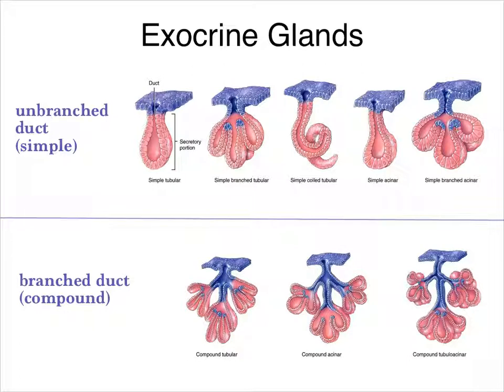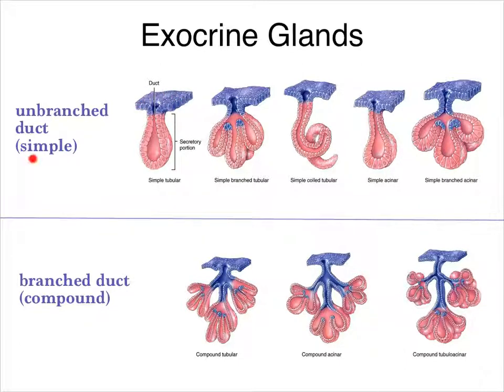All right? We talked about glands when we were talking about epithelial tissue. So remember that glands are typically made out of epithelial tissue and that they have several forms. They can be tubular, they can be simple tubular branched, they can be coiled tubular, they can be acinar, which means kind of pouch-shaped. They could be simple branched acinar. All of that means that there's no branching in the duct.